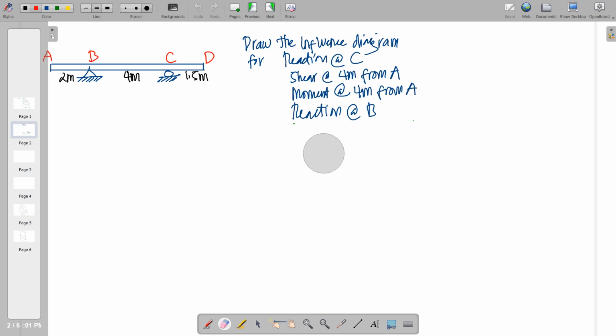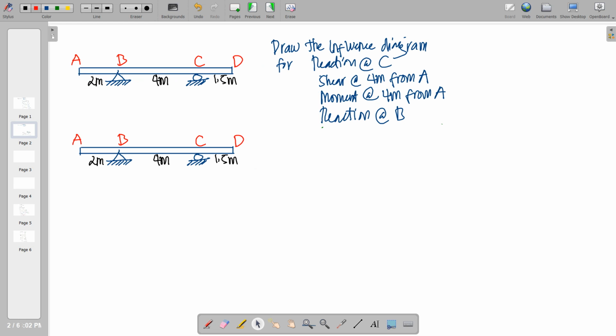So the procedure is just to apply unit loads that are transferring from one point to another, starting from the leftmost portion of the beam. So we could employ an equation for every section. It might be that some equations will just be applicable for a certain segment only, but no longer applicable once your unit load transfers to another segment.